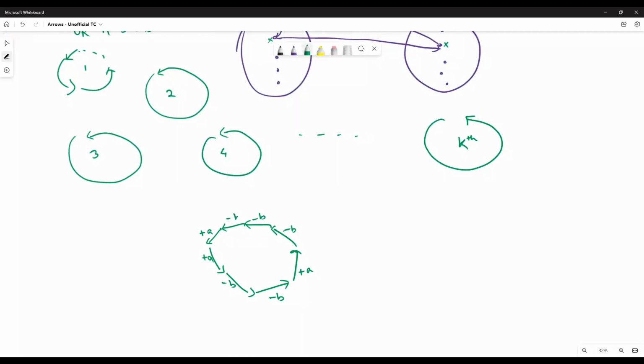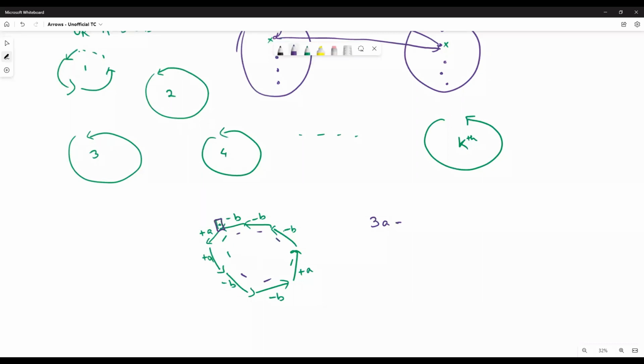It's like a linear Diophantine equation. So the number added would be equal to the number subtracted. Exactly, because we take any vertex, we add A 1, 2, 3 times, and we subtract B 1, 2, 3, 4, 5 times, and we end at the same number.